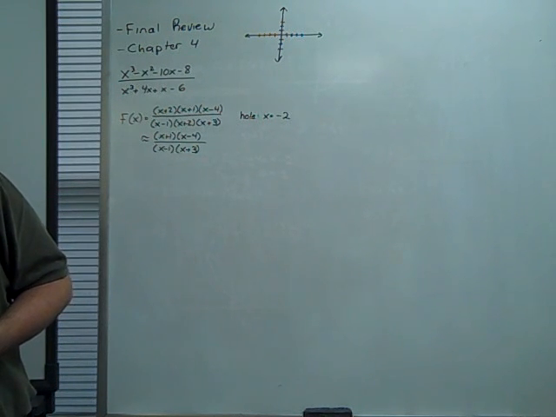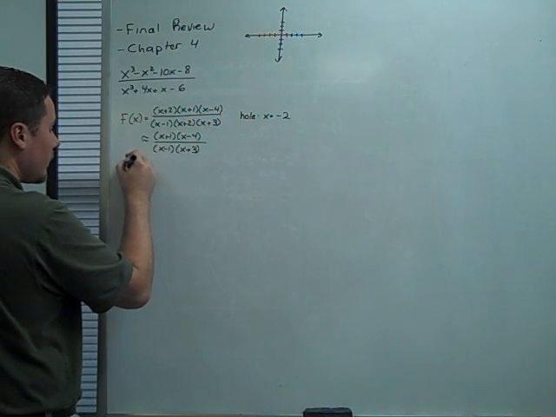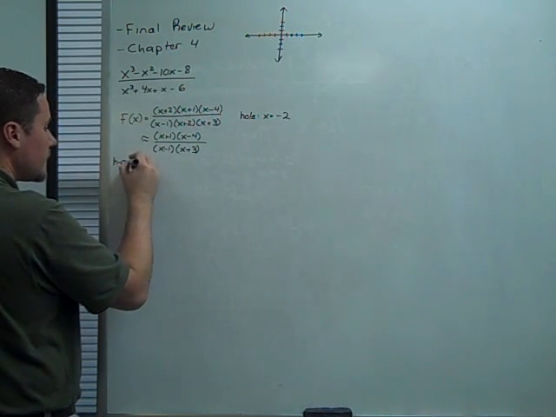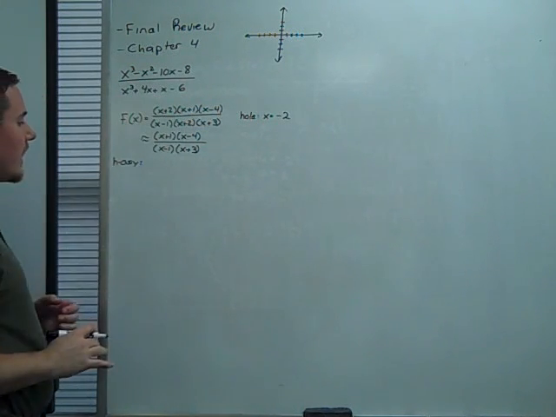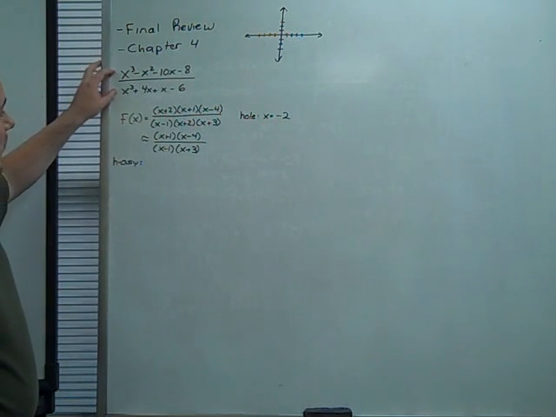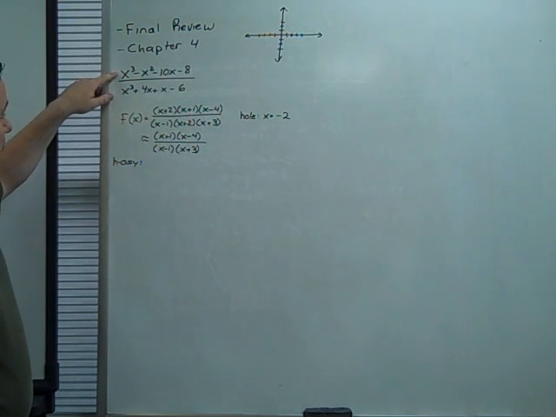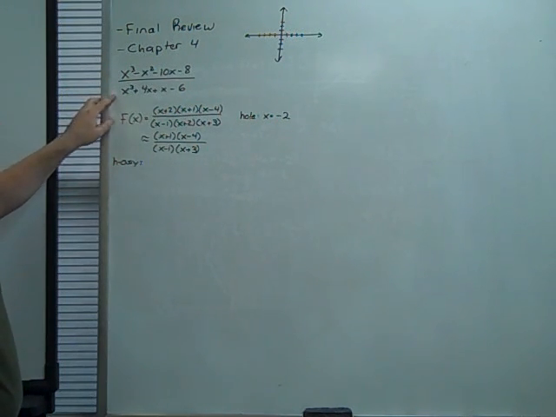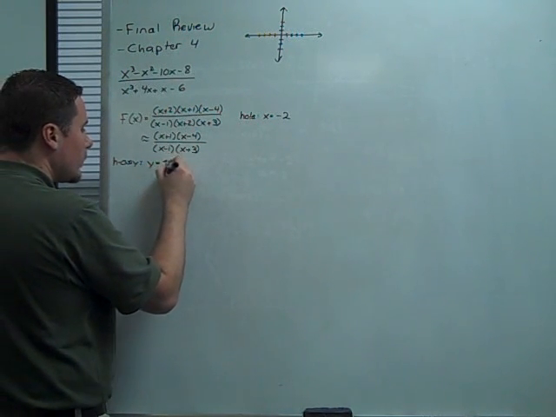So, when we need to find the asymptotes, the horizontal asymptote, that we can figure out before even factoring. What happens as x gets really large? Well, these are both the same degree, so it's going to be a 1 over 1. So the horizontal asymptote is y equals 1.